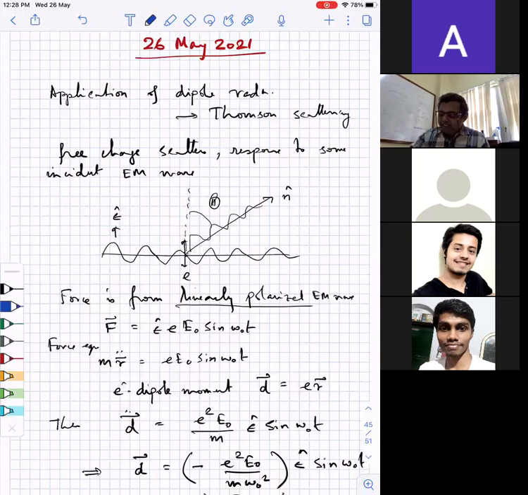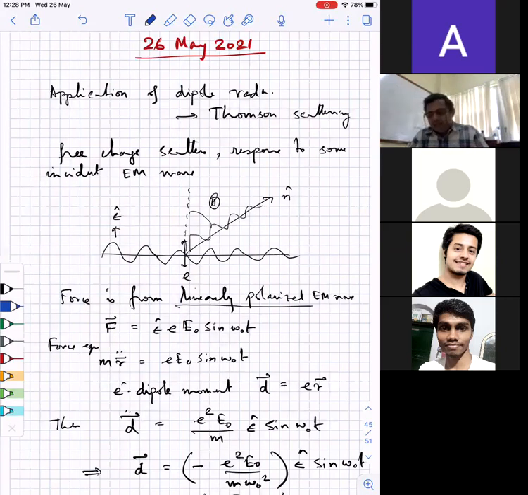You'll see that the incident E should be in this plane, and the outgoing E should also be in this plane. There's nothing that will move it. So n is in the plane of epsilon. The plane is the blackboard or whatever screen you see, and n is in that plane. That has to be.